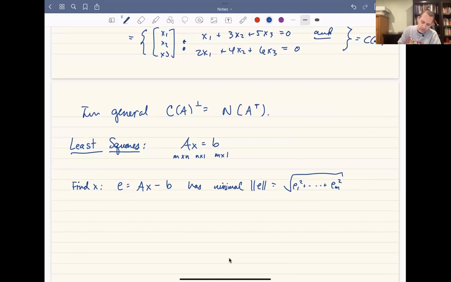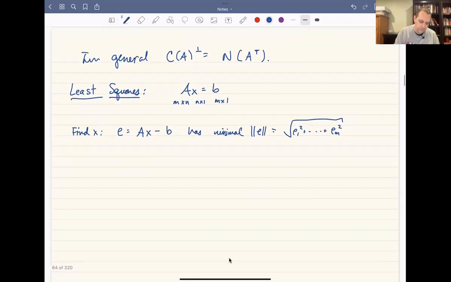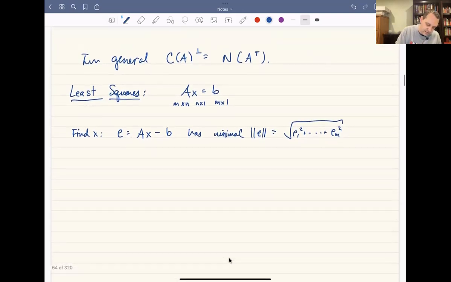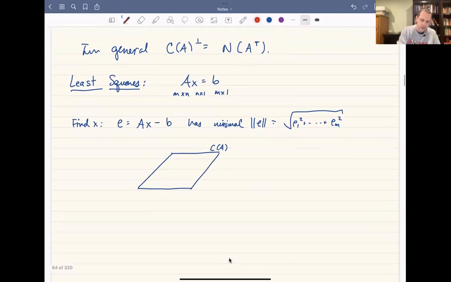So the way that we're going to do this is we're going to think about it in the following way. If I take AX equals B, our subspace here is the column space of A. And I'm just going to represent this as a flat two-dimensional plane.